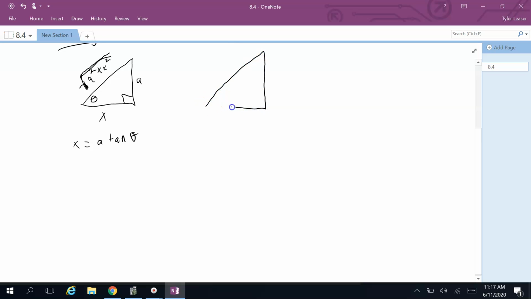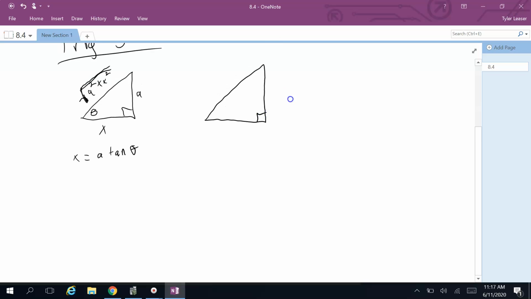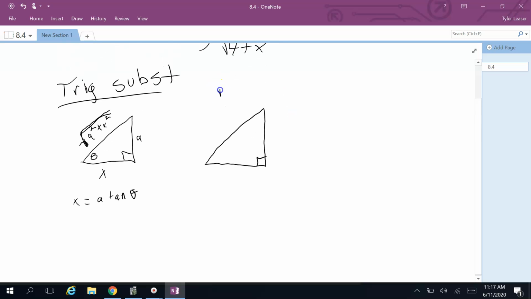The other kind of example that you're going to see is if you have something like the square root of a squared minus x squared somewhere in your integral. If you have this somewhere, this is still Pythagorean theorem stuff, but this isn't going to represent the hypotenuse anymore. This is going to be representing one of the legs. So if you have this, we're going to put this down here as one of the legs. Doesn't really matter which one you put it as. We'll just stick it down here.